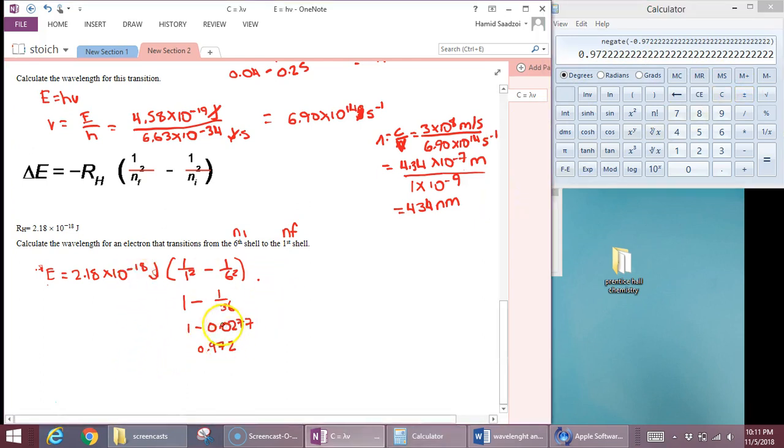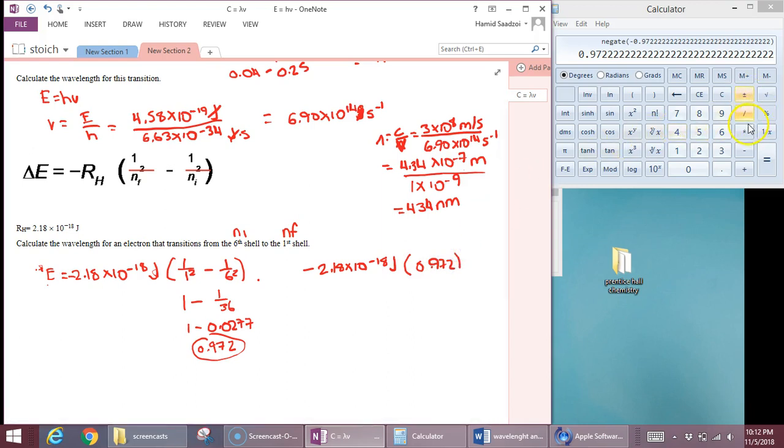So now I just need to multiply it. There should be a negative in front of it: 2.18 times 10 to negative 18 joules, times 0.972.